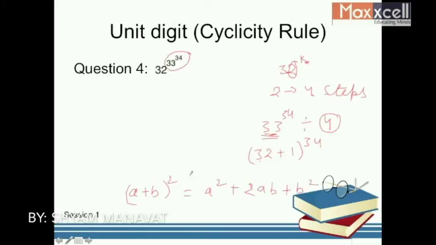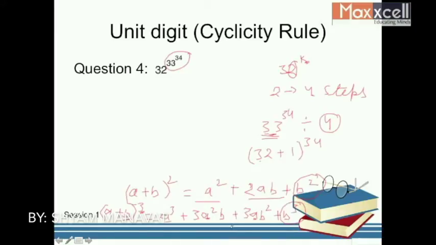So in all terms you get A except the last term, which is B square. If I say (A plus B) whole cube, what's the formula? A cube plus 3A square B plus 3AB square plus B cube. Now see, you get A in all terms except the last term, which is B cube.